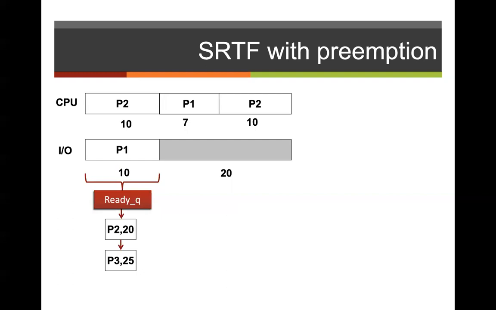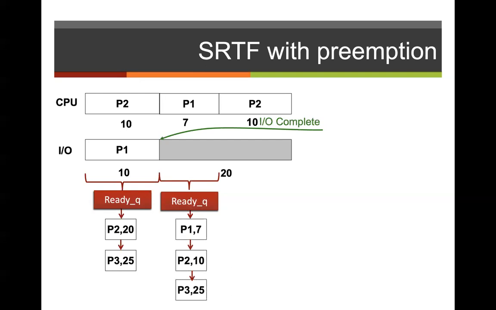And we have a ready queue available that contains P2, which has a time of 20, and P3 that has a time of 25. Once the IO is complete, we want to consider what might be available in the ready queue. In this case, we can focus on P1, and it has a time of 7.